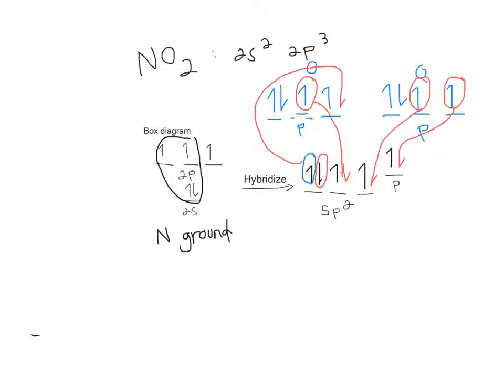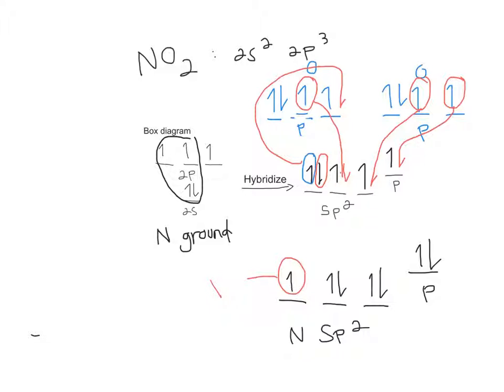So eventually what we're going to end up with all the arrows and the circles is this, and this will be our free radical.